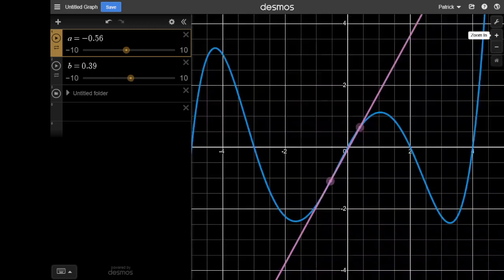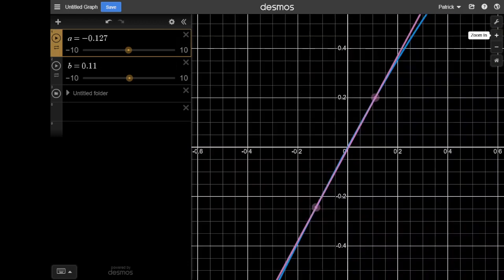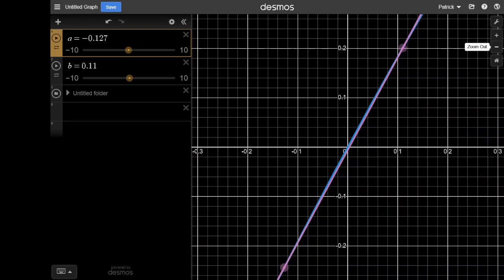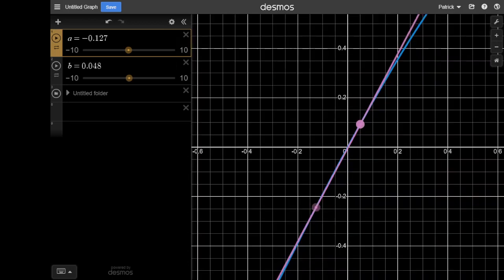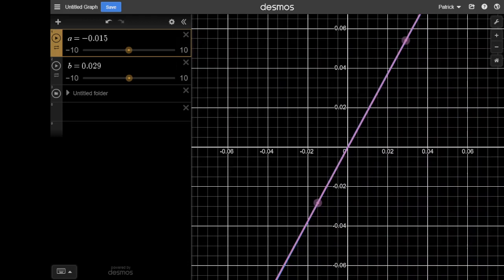And in fact, I have to zoom in quite a bit to see any difference at all. And if I move these points even closer to 0, it gets even better. And I can keep zooming in. Eventually, I will get to the point where you can tell that there's a difference. If I bring those points even closer together and I zoom in again, you still can't tell.